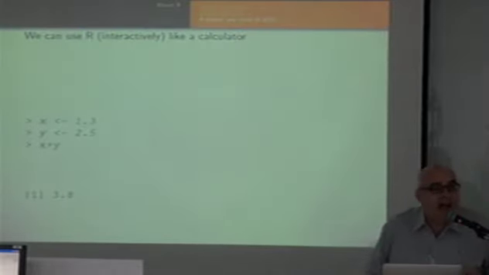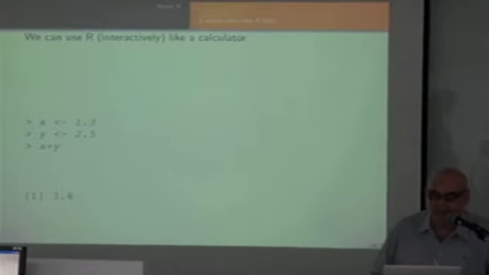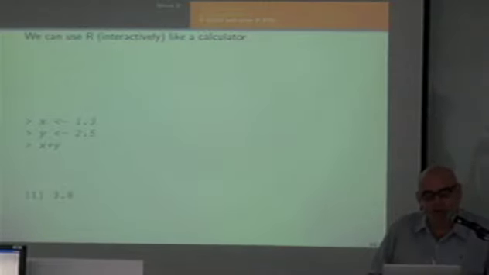We can use R like a calculator. Well, I wouldn't do it, but if I wanted to, I could put the value 1.3 into the object I'm going to call X, put the value 2.5 into the object I'm going to call Y, add them together and see what you get.